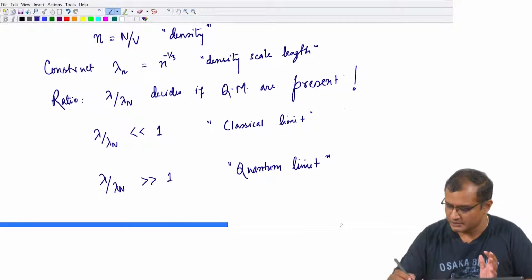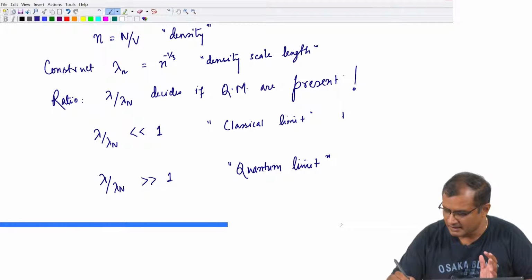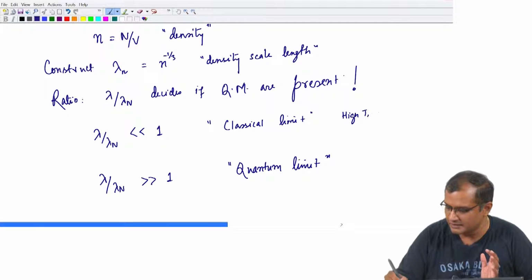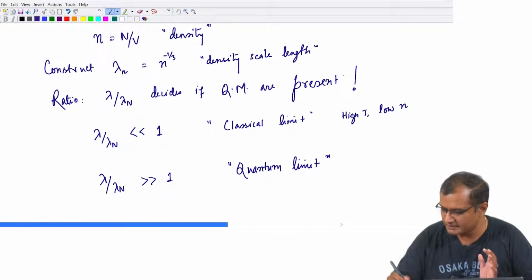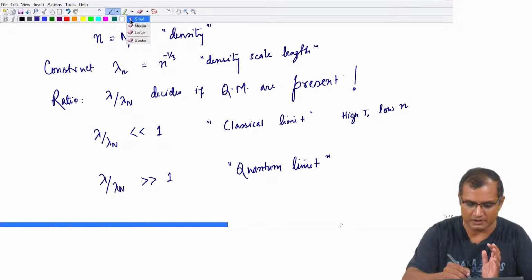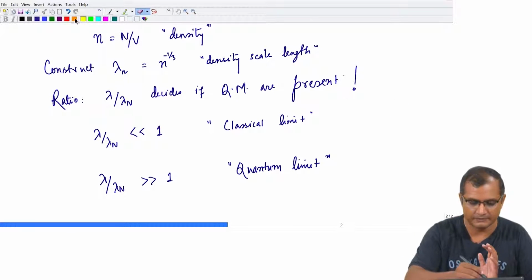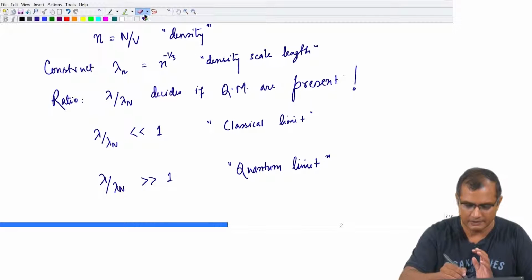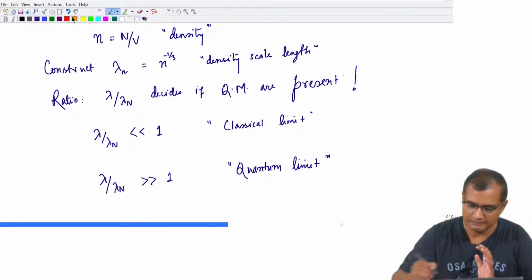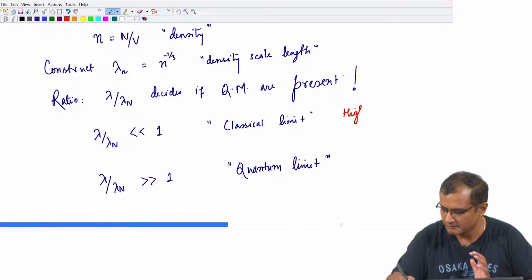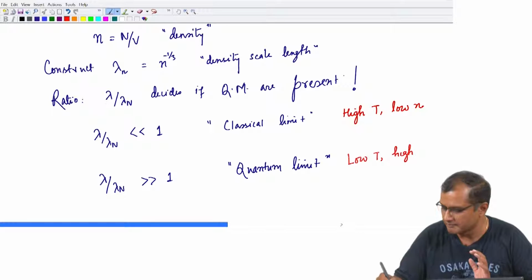So, the classical limit is high T and low density, and the quantum limit is sitting at low temperature and high density.